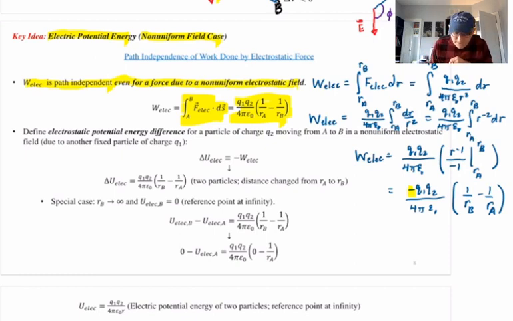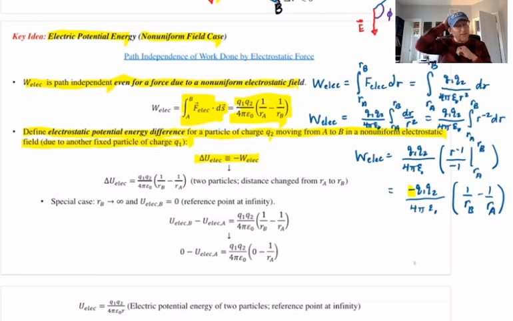So that means we can define the electrostatic potential energy difference for a particle of charge Q2 moving from A to B in a non-uniform electrostatic field due to another fixed particle of charge Q1. Delta U electric will be defined to be negative W electric.